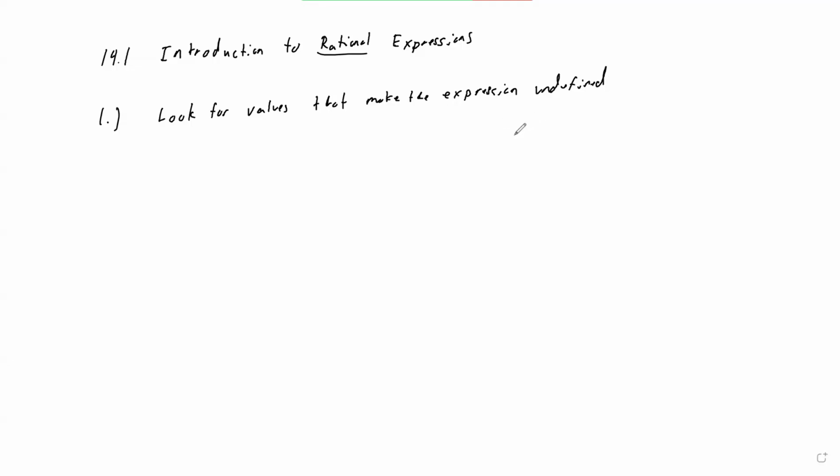And if you recall, when we were talking about graphing, I think that was chapter 10, something that was undefined was when you had a fraction that was some number over zero. We could not have zero on the bottom of a fraction.